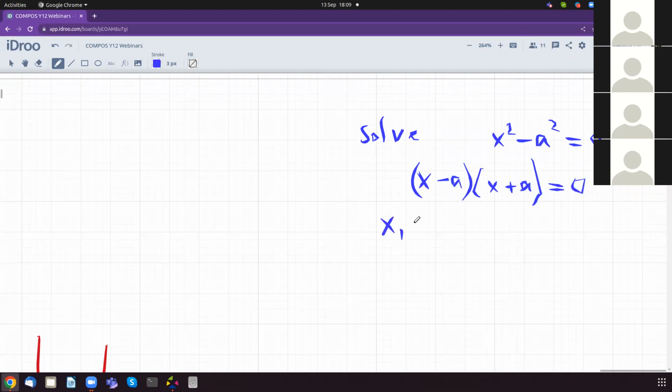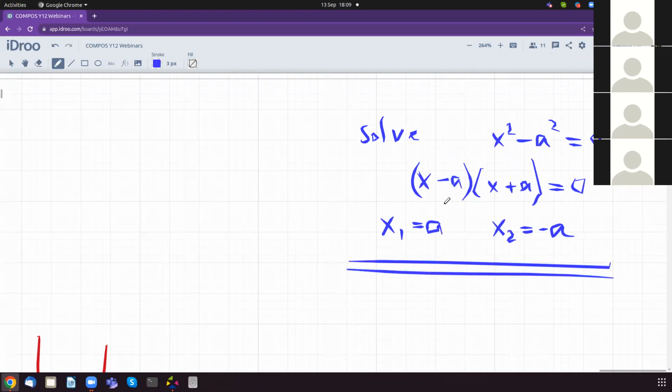So the first solution is x equals a, the second solution is x equals minus a. So this is a valid method of solving. So you give your answer in terms of a. So if you see something like that, or any equation containing x and a, that means you solve for x in terms of a. Hope that makes sense.